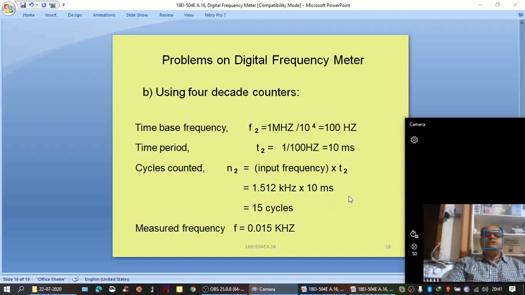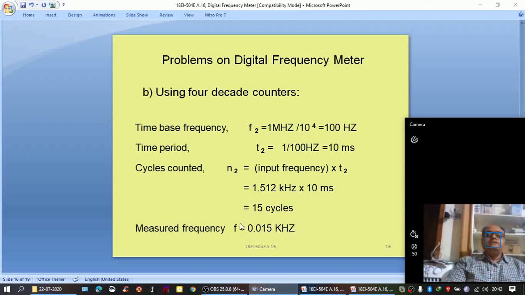In this very small time duration, only 15 cycles can reach the output. In the first case, 1512 cycles have reached the counter, and the counter counted it as 1512, and hence the frequency is 1512 cycles per second, that is 1.512 kilohertz.